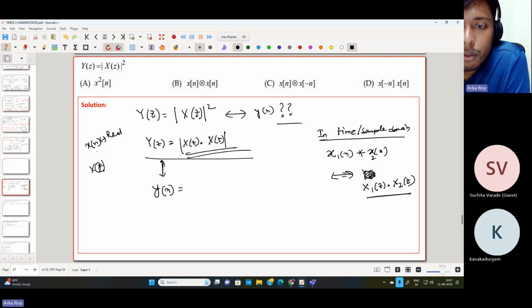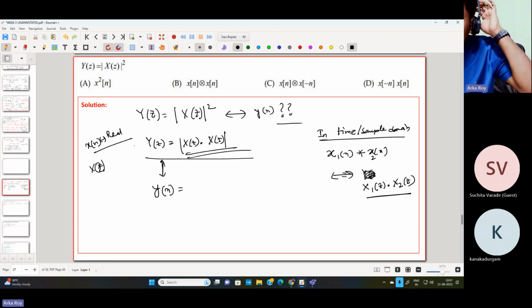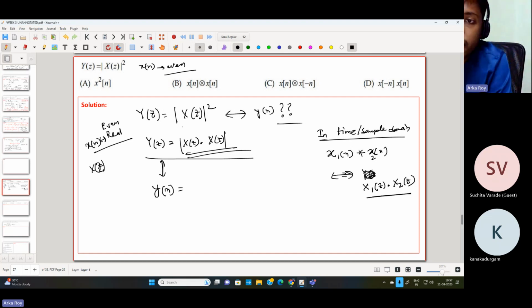x[n] was real. In the last class also we had seen that if x[n] is even and real, and in the question it was written that x[n] is even, then in the DTFT domain it will be just the magnitude part. There will be no phase. So similarly over here, we only have the magnitude part. That means we are just taking the convolution between the same sequence.